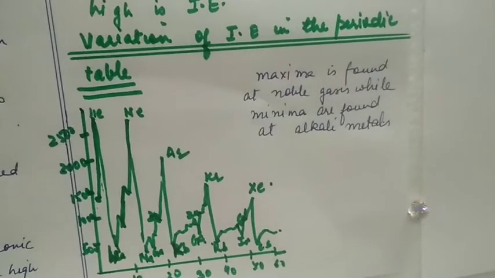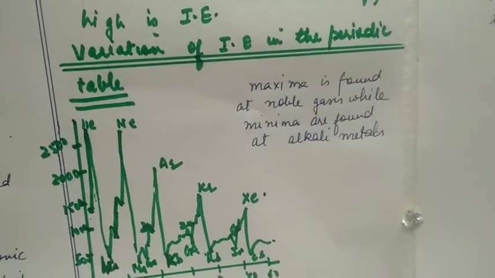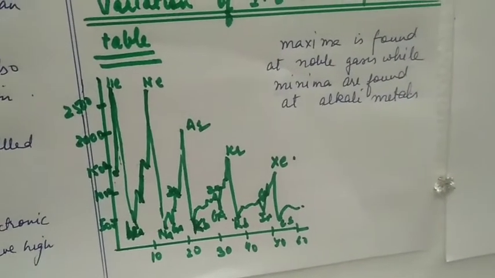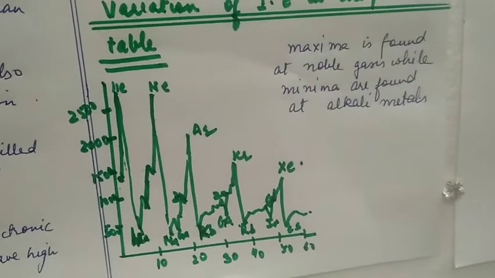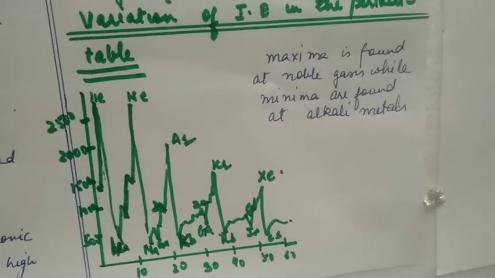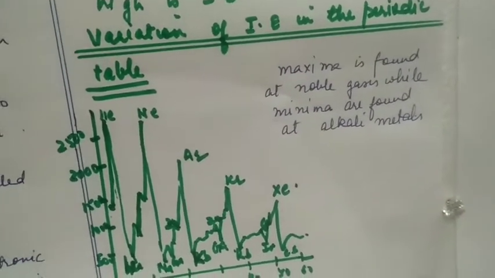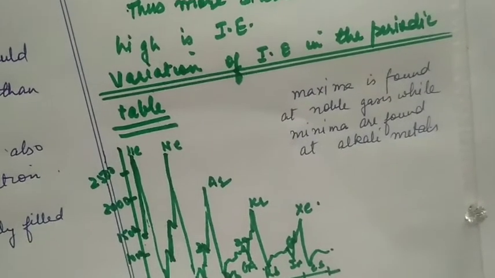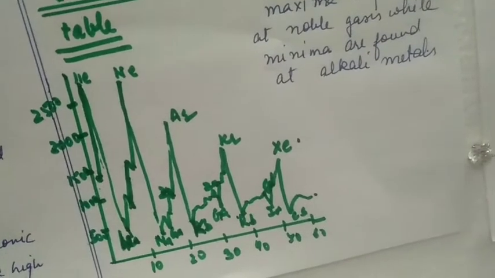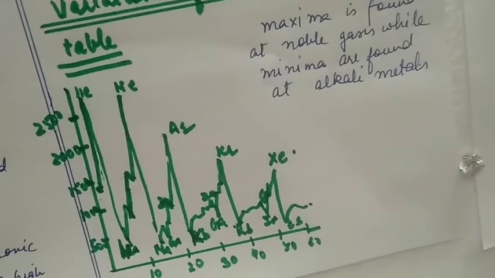Variation of ionization enthalpy in the periodic table. So this is a graph between ionization enthalpy and atomic number, and you can see that in this graph the maximum ionization enthalpy is for noble gases and the minima lies for alkali metals.